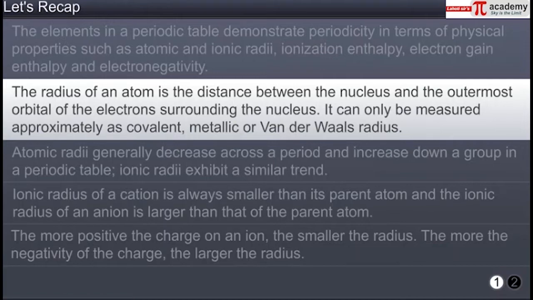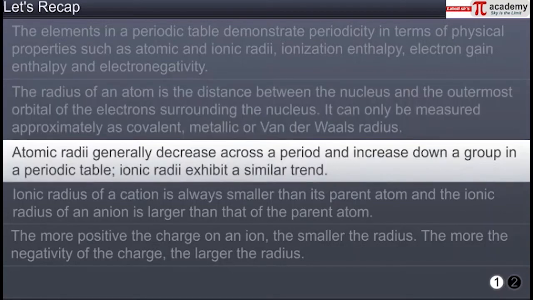It can only be measured approximately as covalent, metallic, or van der Waals radius. Atomic radii generally decrease across a period and increase down a group in a periodic table. Ionic radii exhibit a similar trend.